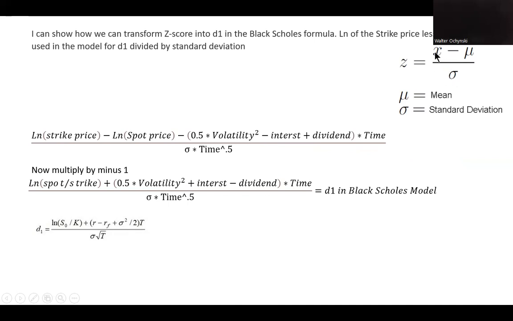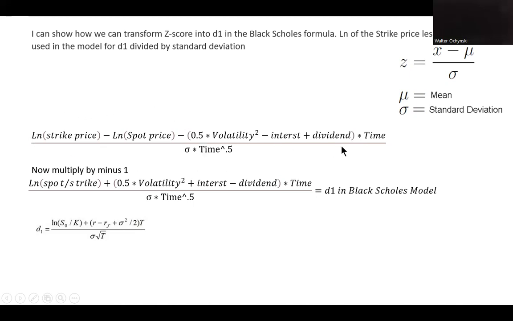So what is here? X is the logarithm of the strike price minus mean, and this mean is the logarithm of the spot price minus 0.5 times volatility squared minus interest plus dividend multiplied with time, and all the stuff is now divided by sigma times square root of time.